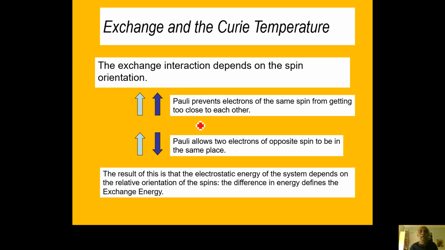But they can come very close when your spins are opposing each other. So as a result, the electrostatic energy of the system depends on the relative orientation of the spins, right? The difference in these energies is basically the exchange energy, because when they come close, you have this electrostatic energy as well as this spin orientation energy.